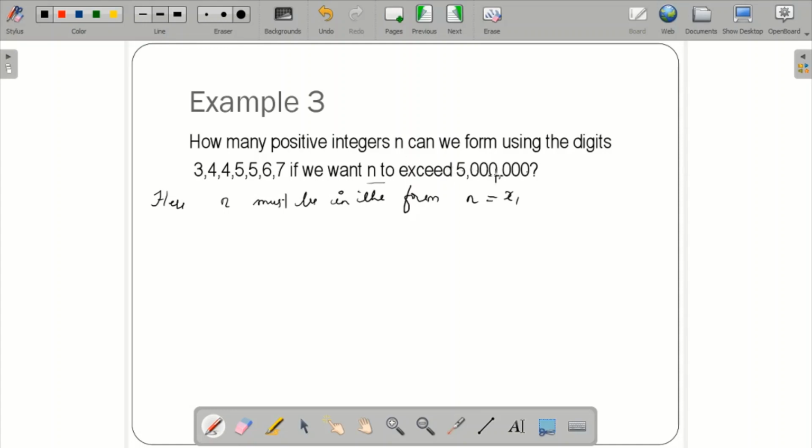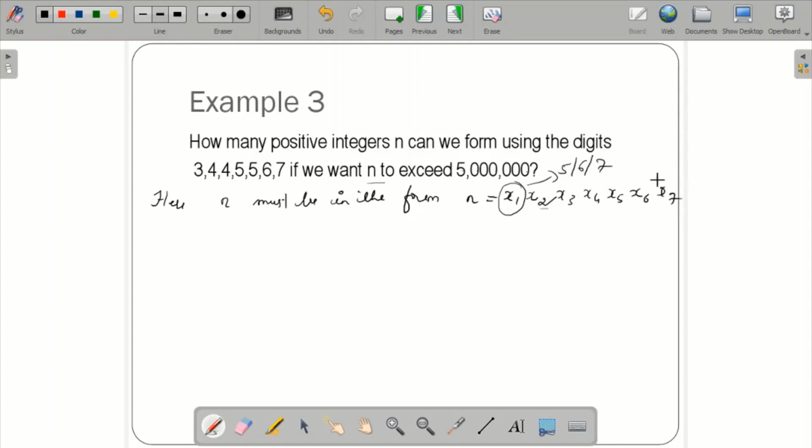If you want n to exceed 50 lakh, then x1 should be either 5 or 6 or 7, right? So x1 can be either 5, x1 can be 6 and x1 can be 7.